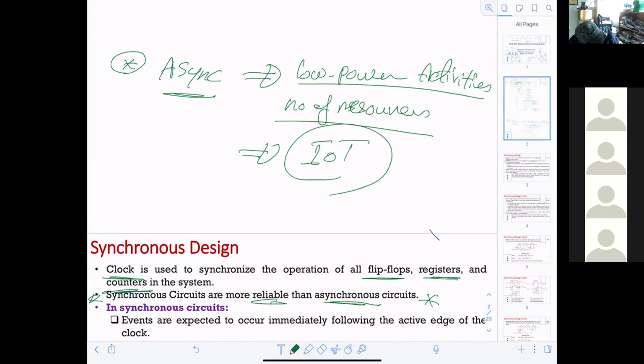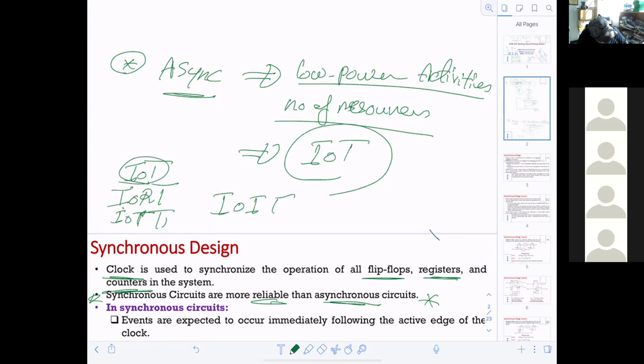There is Internet of Things, Internet of Robotic Things, Internet of Tiny Things, Internet of Industry Things. And there is another one called IoMT, which is Internet of Military Things. It's huge, with many applications you can think about.